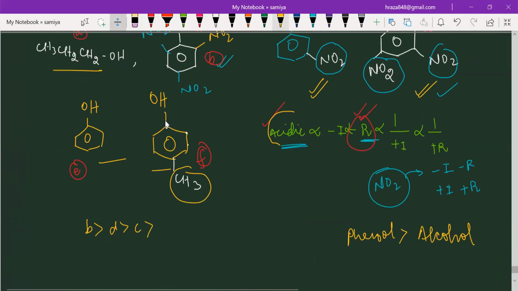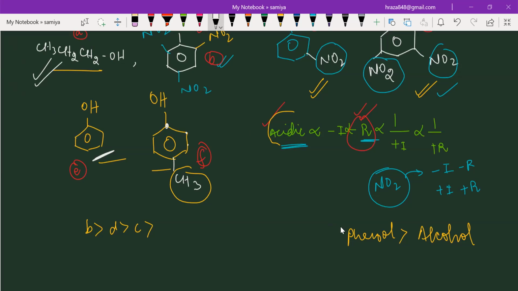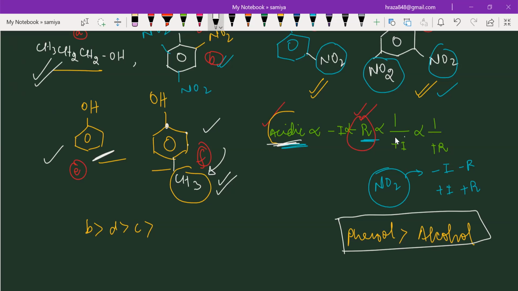Now see, it's very easy to understand. Can you compare this? Phenol, as you know, is the lowest here because phenol is more acidic than alcohol. So between E and F, which one will be more acidic? Sir, E, because the CH3 group is decreasing its acidic character because it has a plus I effect.